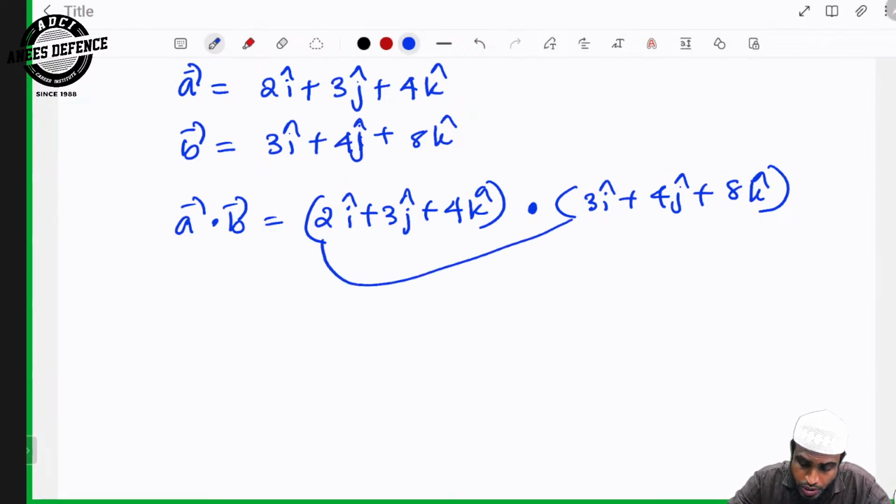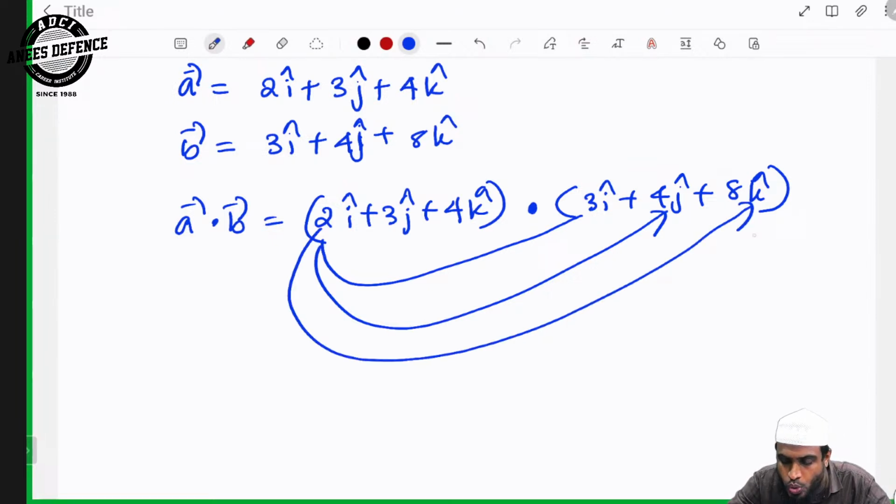So 2 into 3, 2i dot 3i; 2 into 4, 2i dot 4j; 2i dot 8k. But i dot i is 1, i dot j is 0, i dot k is 0. Therefore, in these two cases the answer will be 0.